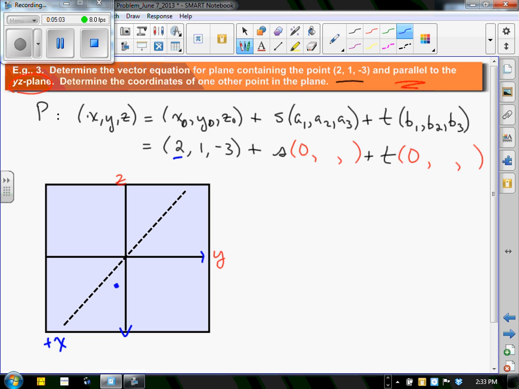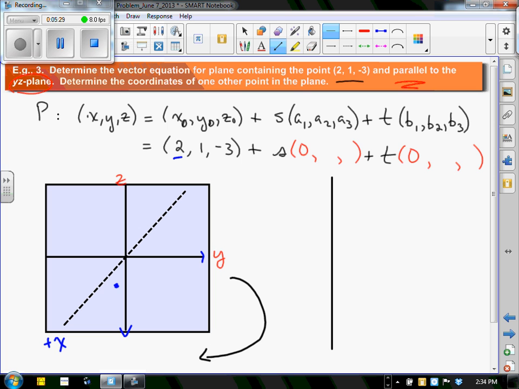So just to make that a little more clear, what we can also do is take this diagram and more or less spin it so that the y-axis is pointing out of the page. So again, let's try this.